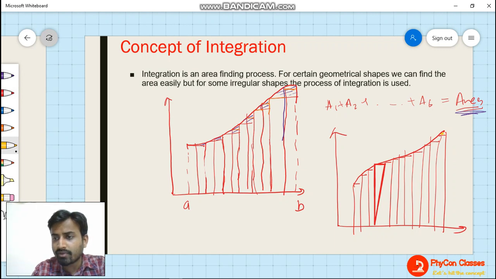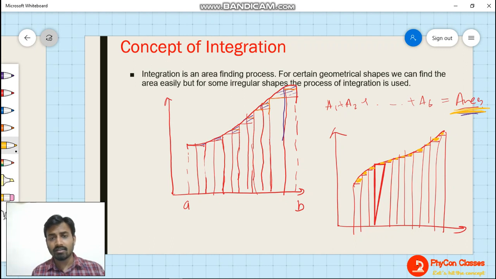Previously this area was producing error. Now this area we are not calculating, we are not adding in the area, right? This yellow marked area was only producing this error, right? So now this area has been reduced. If the number of rectangles we are increasing, this error in the calculation of area is going to be reduced.